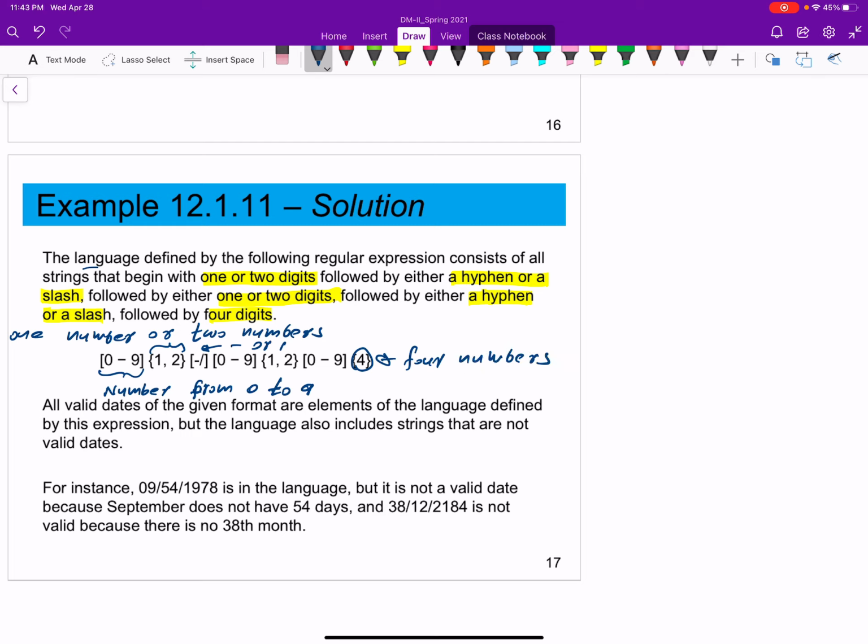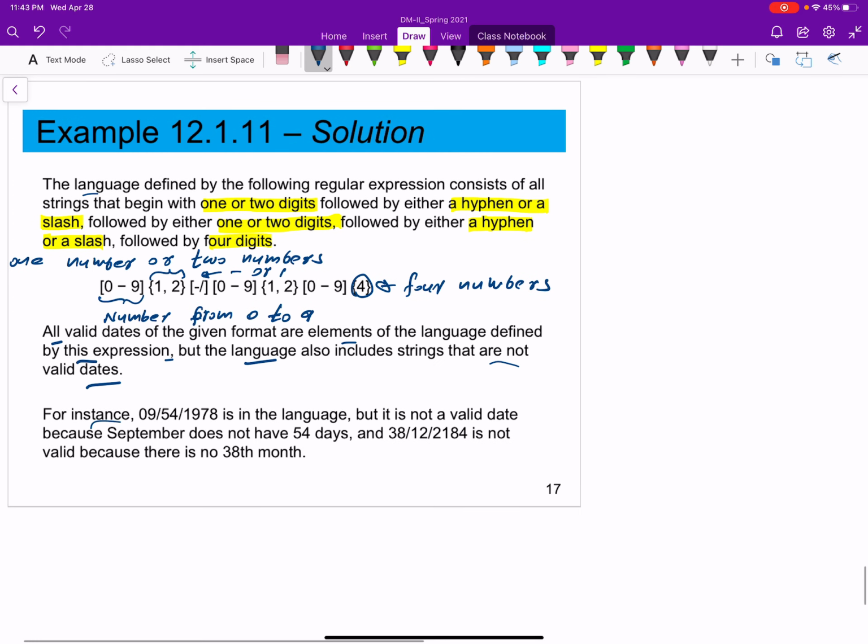All right. All valid dates of the given format are elements of the language defined by this expression. But the language also includes strings that are not valid dates. For instance, if you just write 95/4/1974, it is in the language.